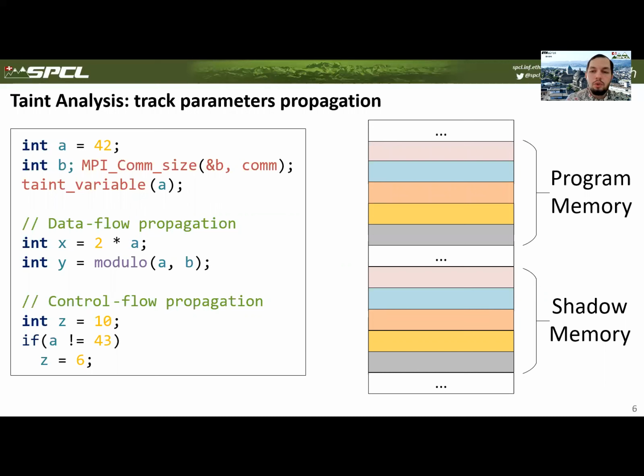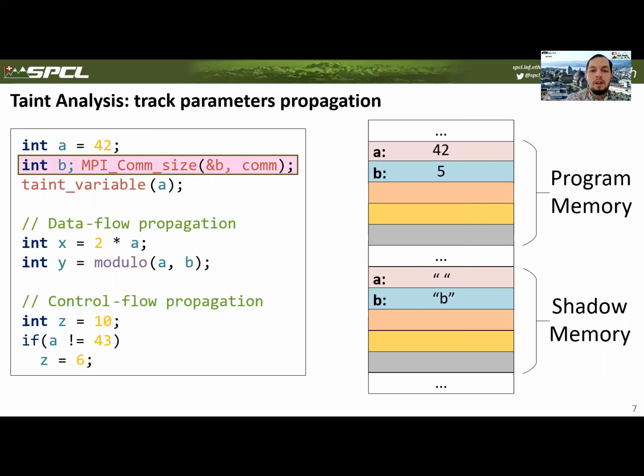In addition to the user-defined program memory, we allocate the so-called shadow memory. The idea is that we associate with memory allocations taint labels that describe, in our case, which parameters have affected this given memory location. Through the application, we add instrumentation to keep track of the propagation of labels during program execution.